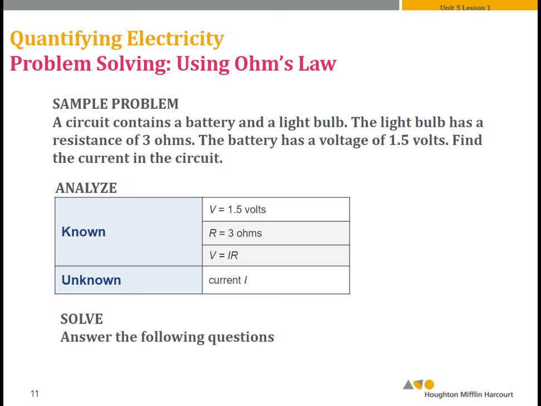Okay, so this also gives us an equivalence of units: 1 volt is equal to 1 ampere times 1 ohm. Ohms is the unit for resistance.